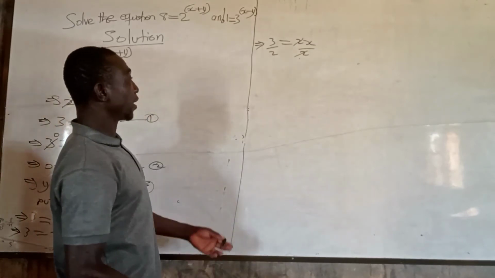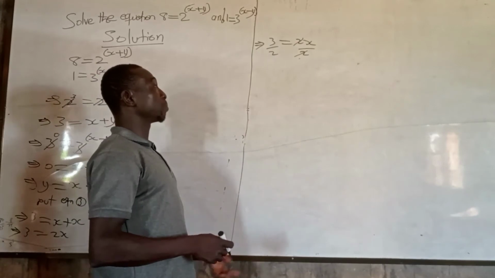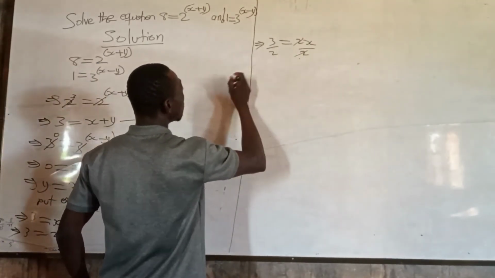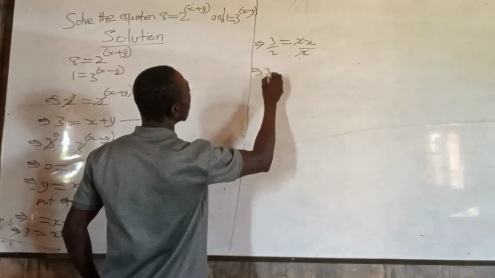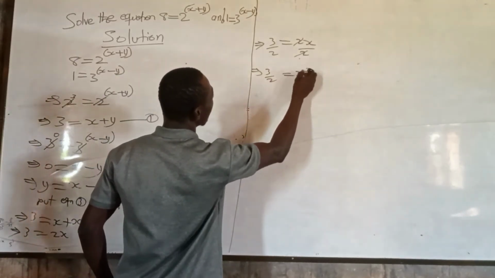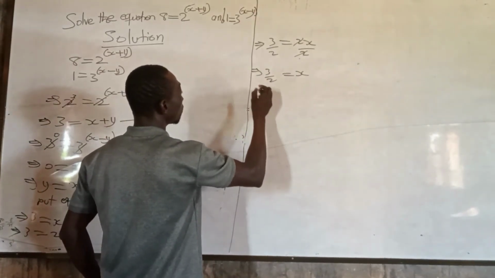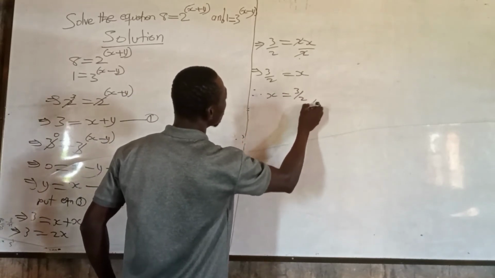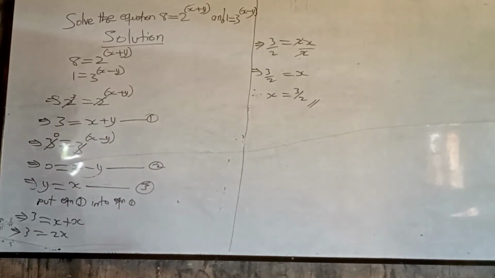The coefficient of x is 2, so we divide both sides by 2, and 2 cancels 2 here. When we come down, we have 3 over 2 equals x. So now x equals 3 over 2. So x has been found.